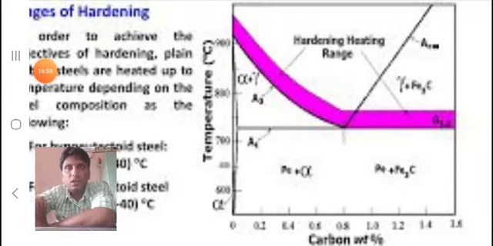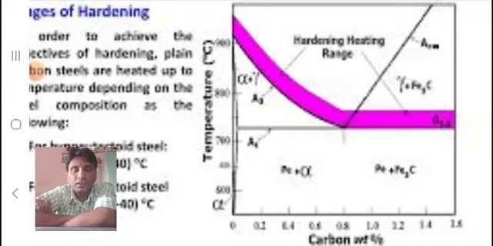Therefore, austempering is a very easy process than maintaining some bath, especially oil, at the temperature, and heating the steel to the austenitic phase and then directly quenching into the oil bath, which can be only done for small components.